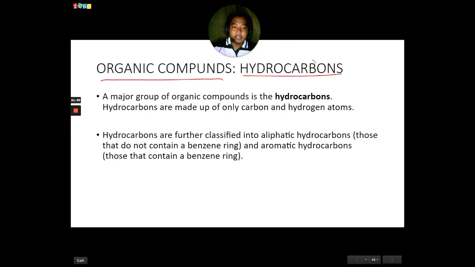Hydrocarbons are compounds that are made up of no other element except hydrogen and carbon. So no matter how many hydrogen or how many carbon, as long as only H and C are there, that's automatically a hydrocarbon. So, it's a major group of organic compounds because we can create a lot of hydrocarbons.